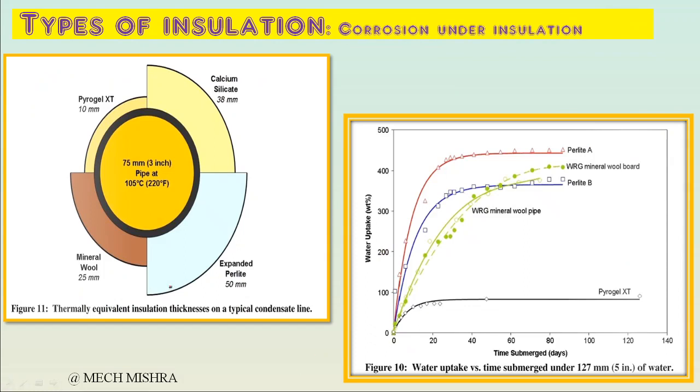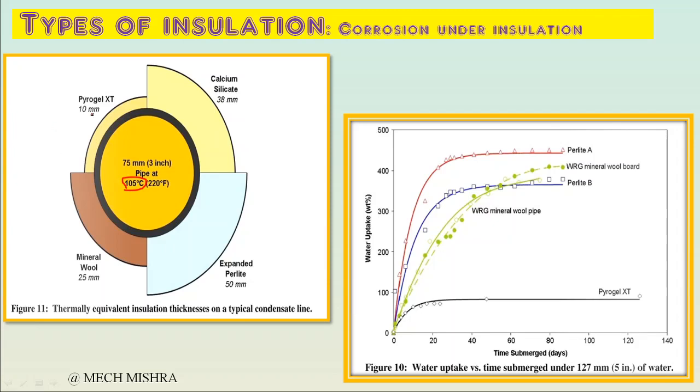I told you the thickness of the insulation material depends on how much heat we want to preserve and what our operating conditions are. Now for the same heat conservation, say a 105 degree operating temperature pipe, if we apply different insulation systems, then the thickness will be different.